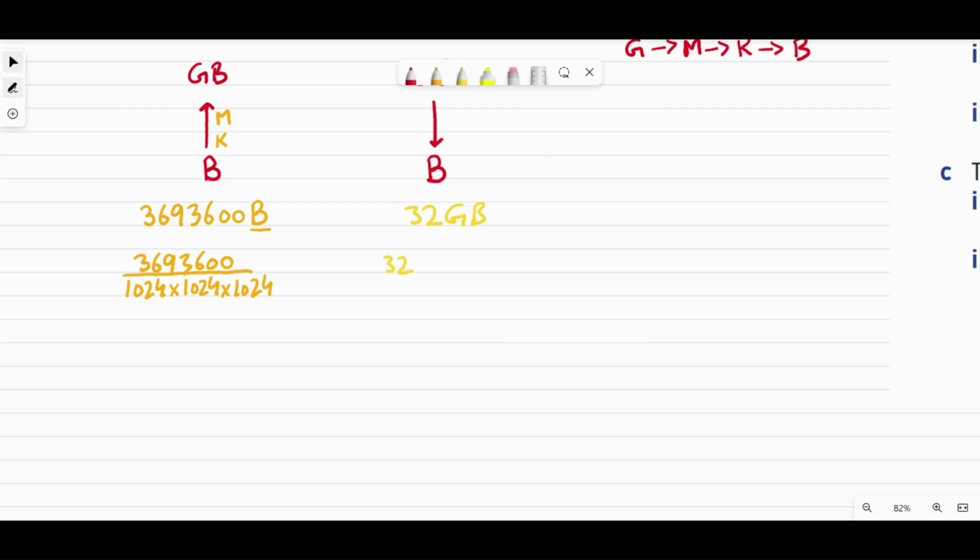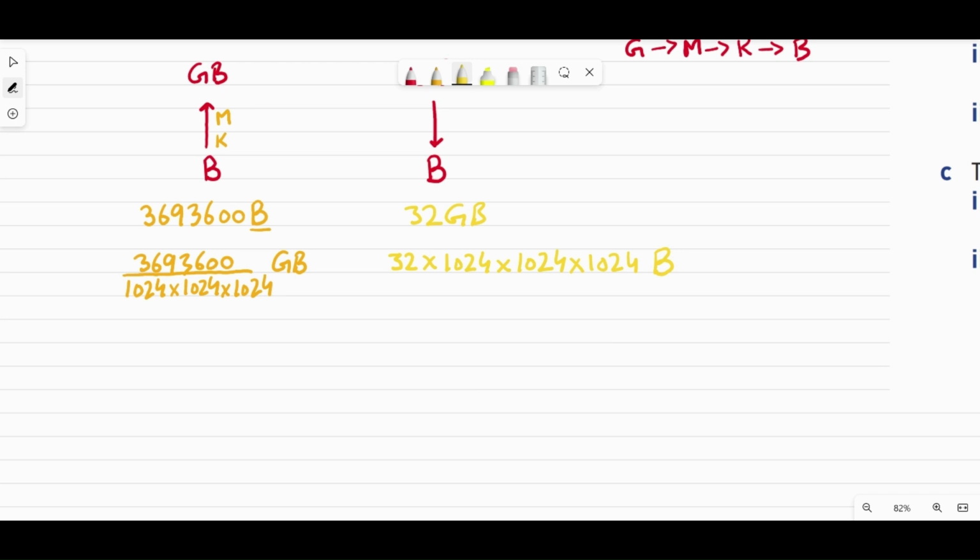So 32, same steps, same number of jumps: 32 multiplied by 1024, multiplied by 1024, then again 1024. In both of the cases, here we have gigabyte as a unit, and here we'll have byte.